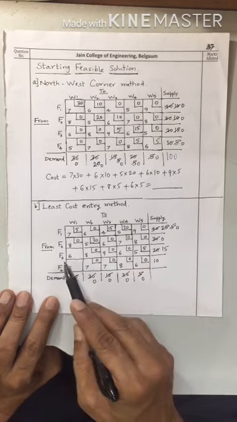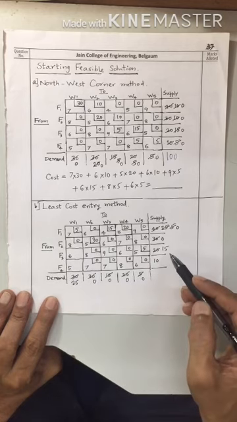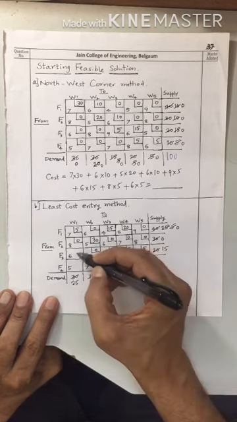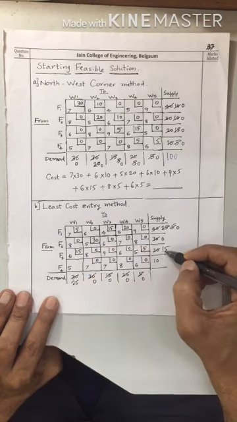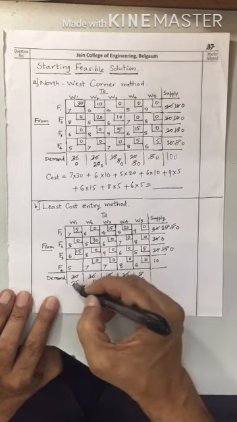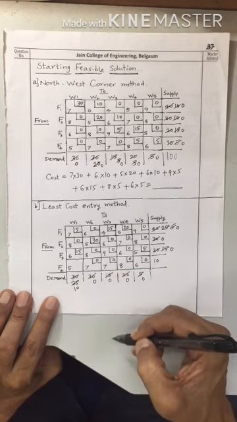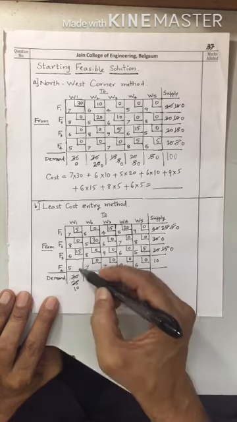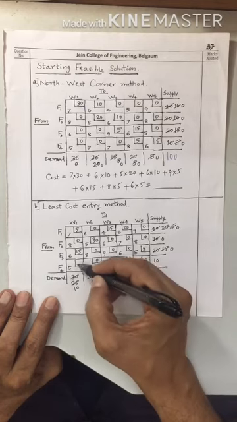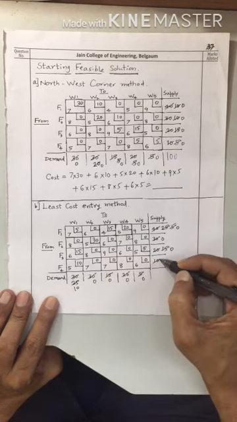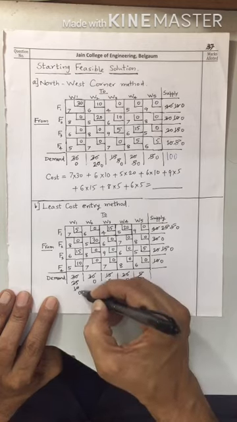Now in the third row, F3, the supply capability is 15. We have to lift it. Therefore, I write 15 here. 15 minus 15 is 0. 25 minus 15 is 10. Now this is the only cell, so I can see a 10 and this also is 10. Write down 10. 10 minus 10 is 0 and 10 minus 10 is 0.